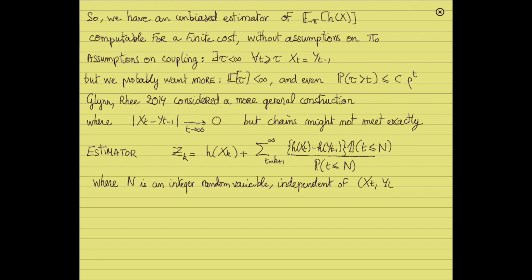For example, you can think of it as a geometric random variable, or Poisson random variable.